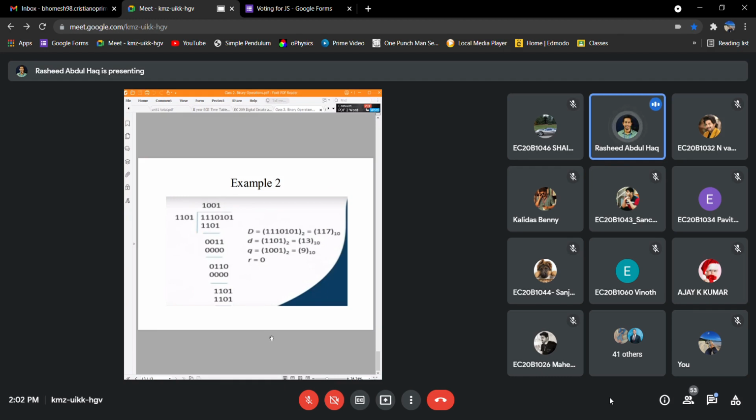Normally how we do division in normal decimal numbers, just like that, we can draw this table and do the division. But one difference is that we have to assume the number which is on the top. For example, 1101 is divided into 1110101. So first we will take the first 4 digits only.